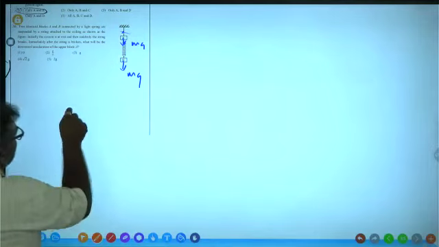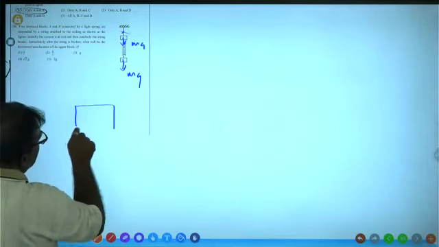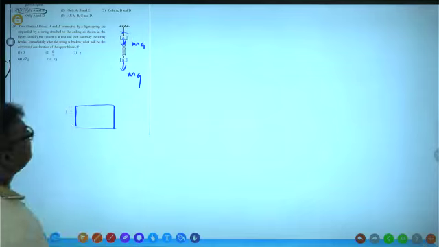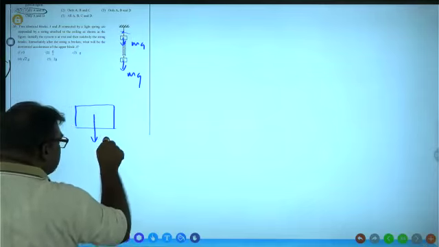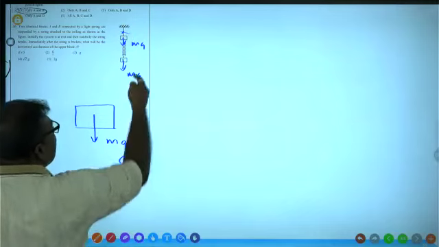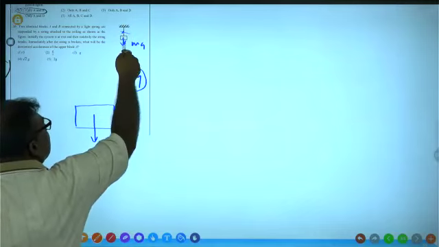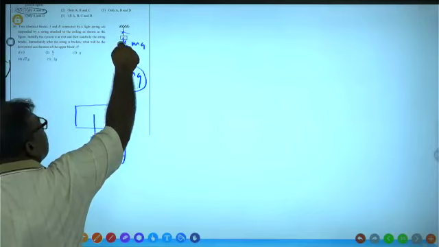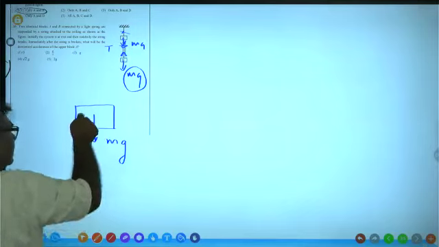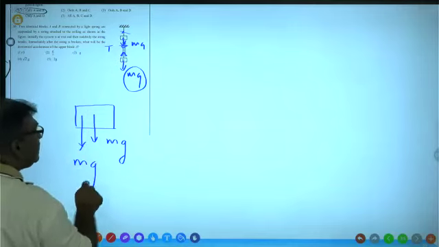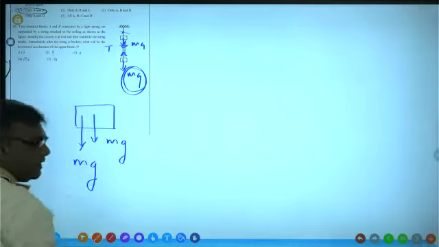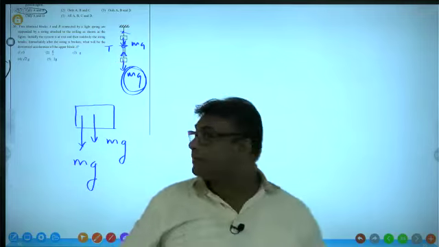Let's take only this upper block. It consists of mg, right. Now the lower one is at rest, so the spring has an additional tension, which is equal to the weight of the lower mass. Did you understand that?